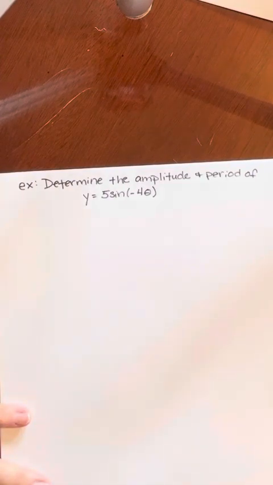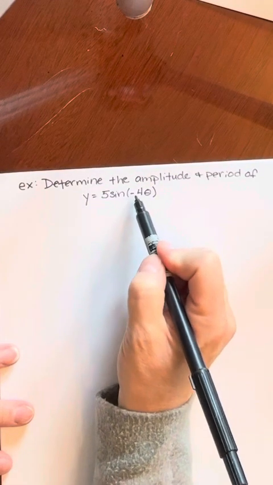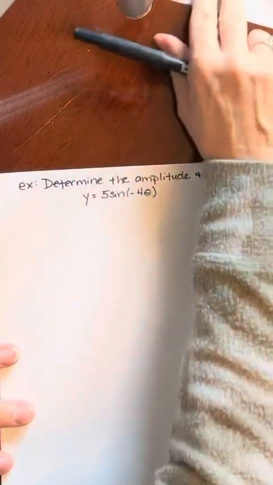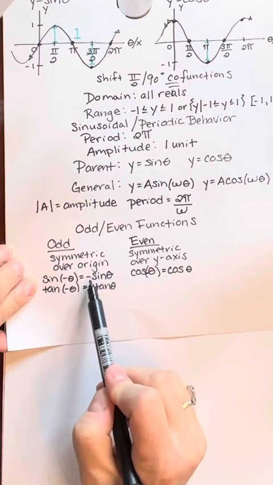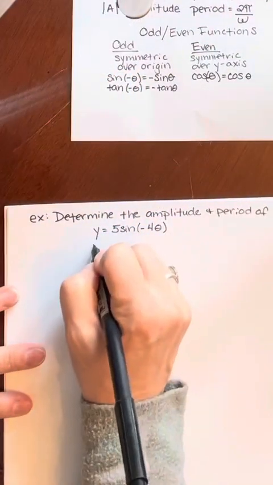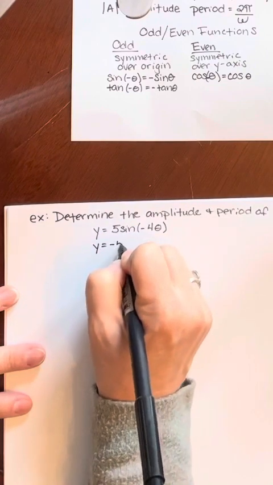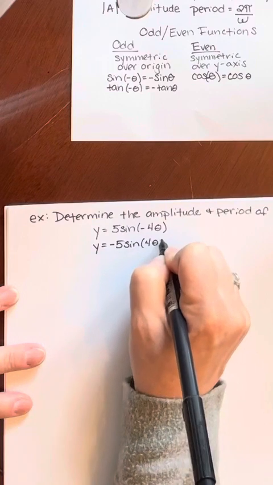And then let's pull some information off of this. Well, you've got that negative there, and it's a sine function, so let's go back and look at. Sine is an odd function, so we can take that negative sign and pull it out, so we get y equals negative 5 sine of 4 theta.